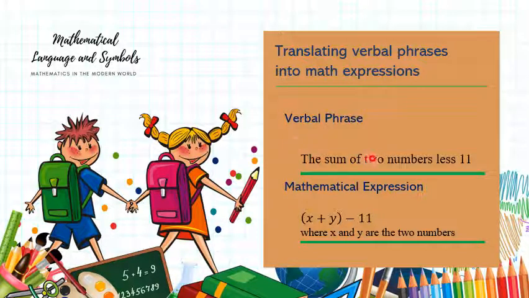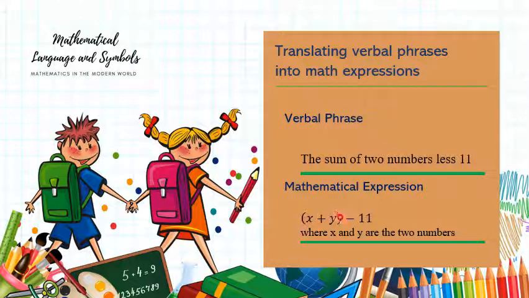Next, the sum of two numbers less 11. Take note, the sum of means addition of two numbers. Since you don't have the actual numbers, you will use variables to represent them, and this time we choose x and y. So x plus y, because this is the sum of, and less means minus 11.